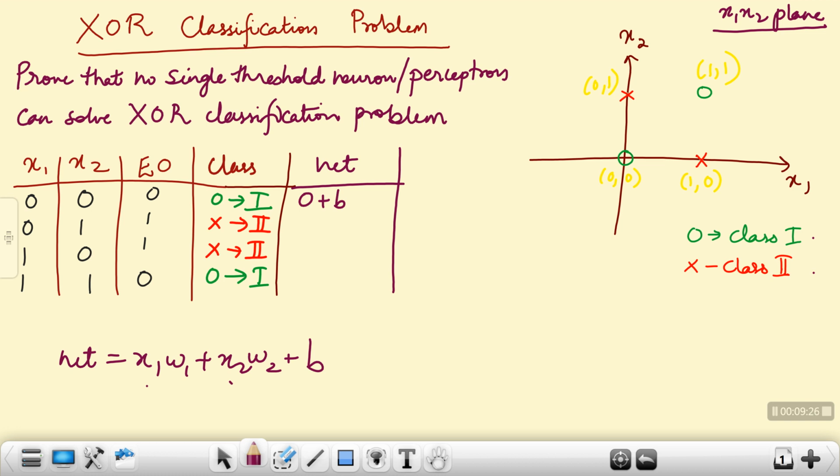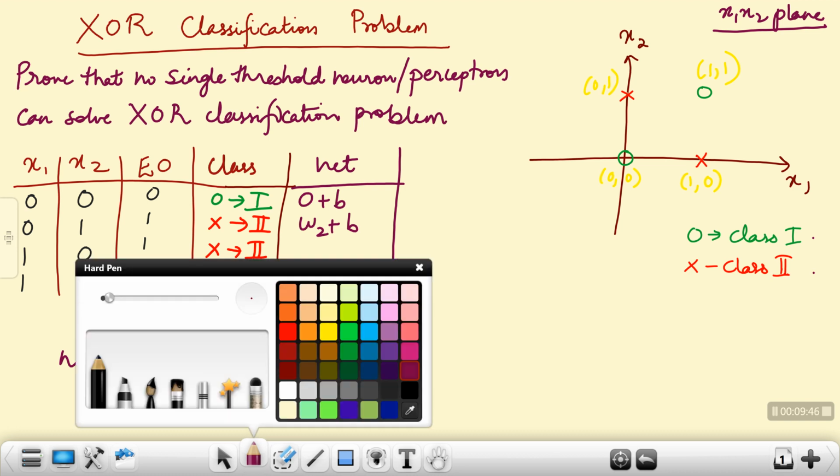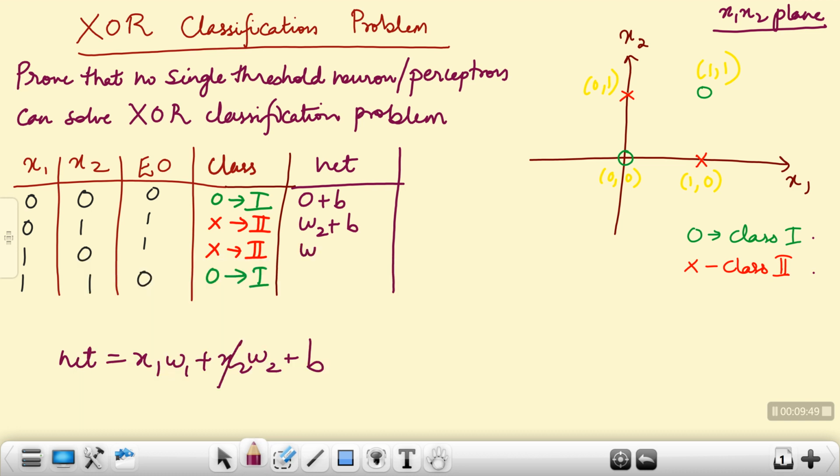In the second case x1 is 0, so this term will go and x2 is 1, so I get w2 plus bias. In the third case x2 is 0, so this term will go and I get w1 plus bias. In the last case both x1 and x2 are present, so I get w1 plus w2 plus bias. This will be the net calculation.